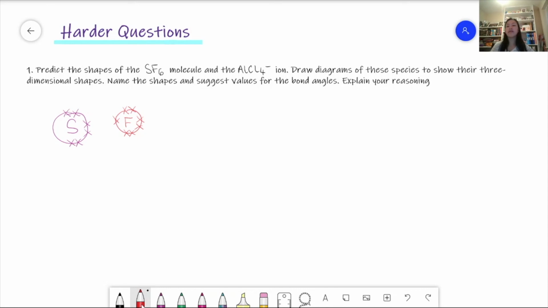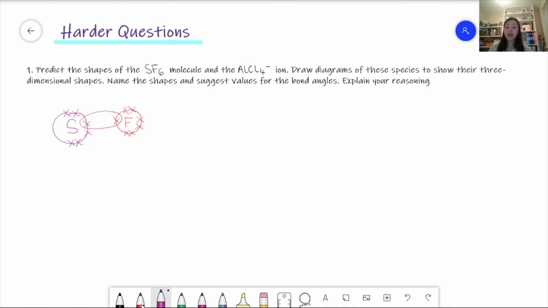So if one fluorine was bonded with one sulfur, one of the sulfur electrons would be shared with the fluorine, and this fluorine electron would be shared with the sulfur. And this would be how it would bond. So it would be a covalent bond. So because we have 6 of them, all of these electrons will be shared with fluorines.